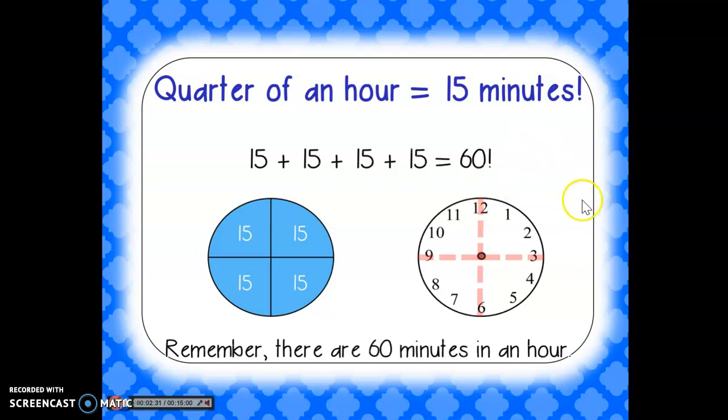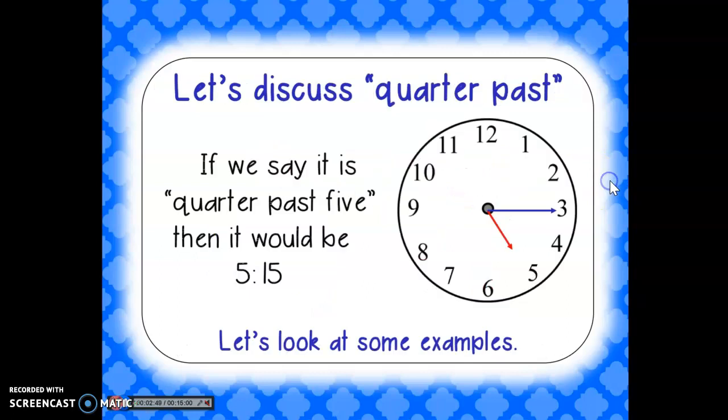So we are just going to focus today on quarter past, which is 15 minutes past the hour. But if you add 15 minutes and 15 minutes and 15 minutes and 15 minutes, you get 60 minutes, which is a whole hour. So let's discuss quarter past. If we say it's quarter past 5, then it would be 5:15.